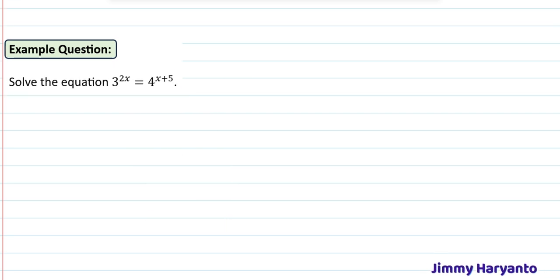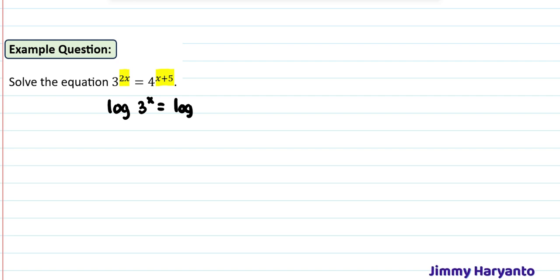Okay, and then this one, we have 3 to the power of 2x equals 4 to the power of x plus 5. Okay, so the problem in this equation is both sides have the power of x. That means we have to move the x down first by adding logarithm to both sides like this. It can be any logarithm, it can be log 2, log 3, log 4, it is up to you.